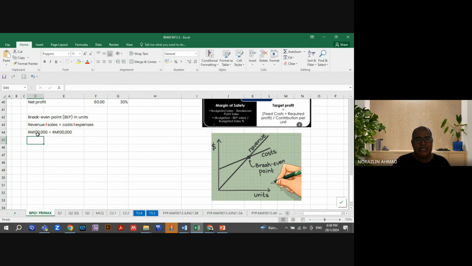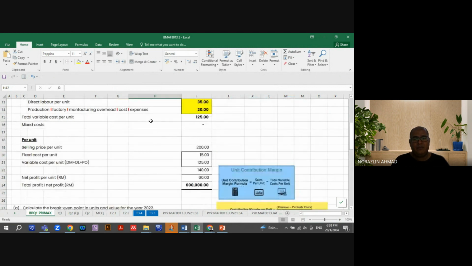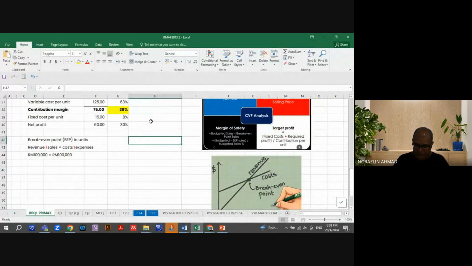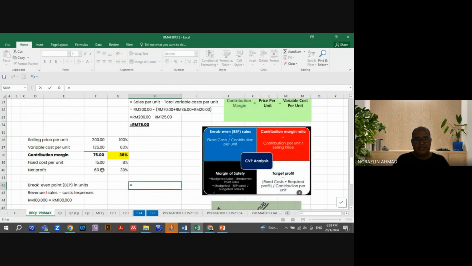So no profit, no loss. The formula that we use: break even means no profit, which means net profit is zero. So contribution minus fixed cost, you get zero.